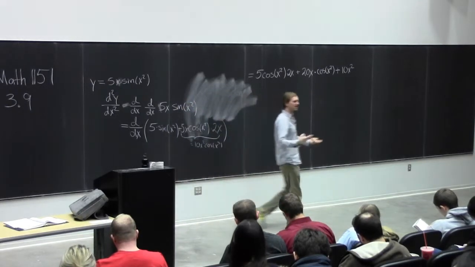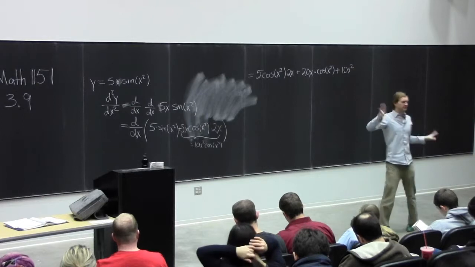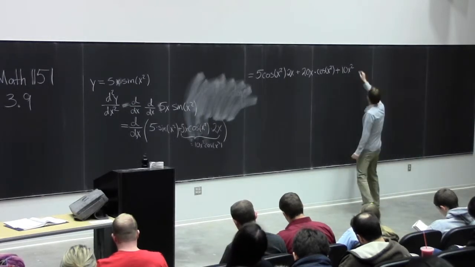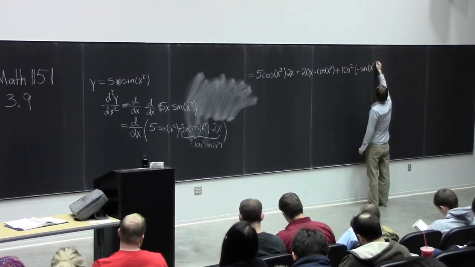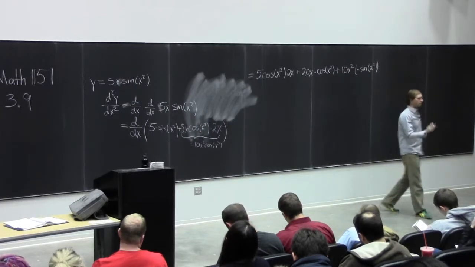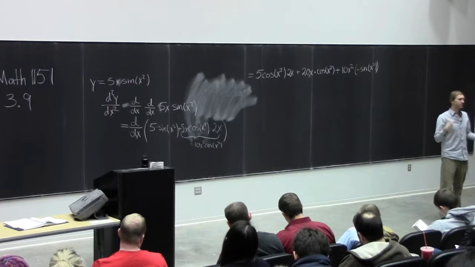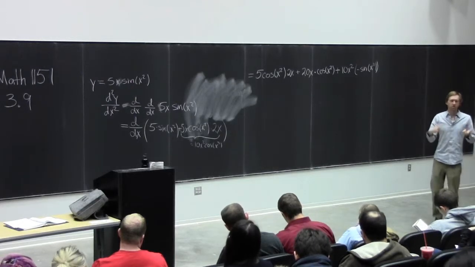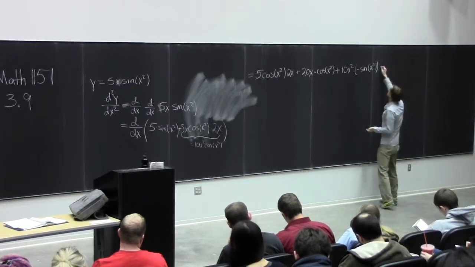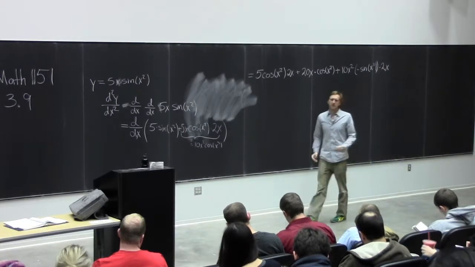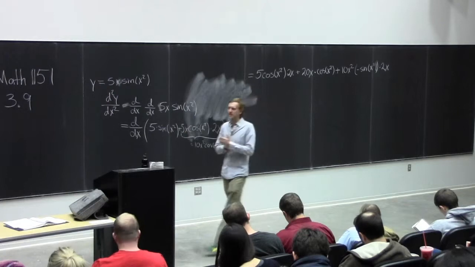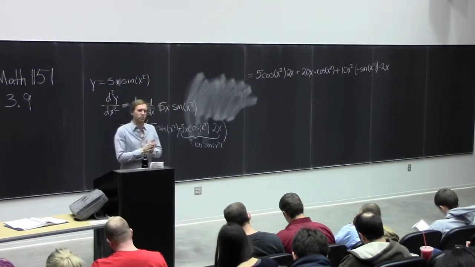The derivative of cosine is negative sine, right? So that's going to be minus sine x squared. And now, what rule must I remember to apply? The chain rule times 2x. Oh, goodness. That is the second derivative.